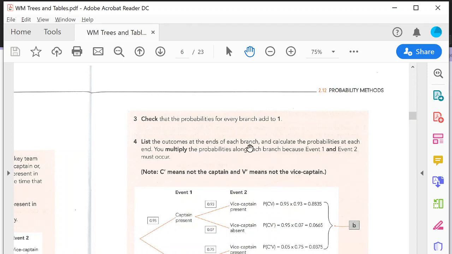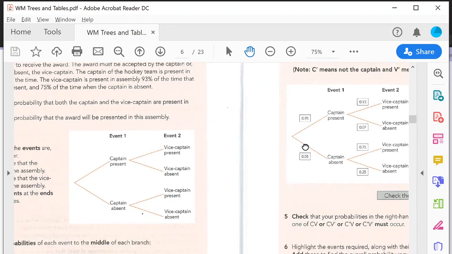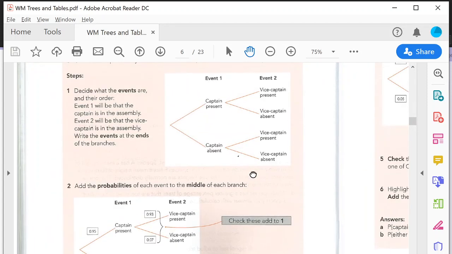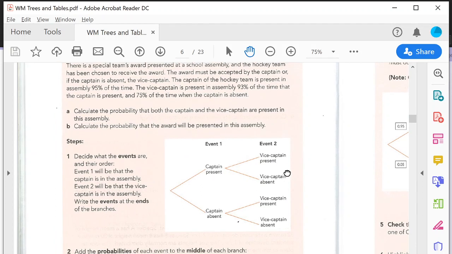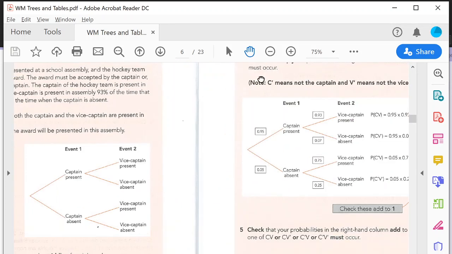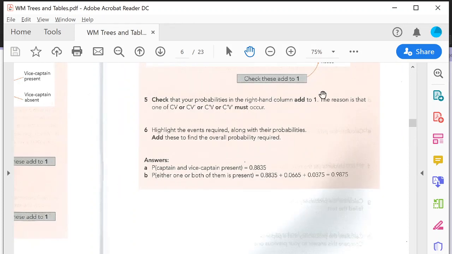So list the outcome at the end of each branch and calculate the probability at each end. You multiply the probability along each branch because event 1 and event 2 must both occur. So this is an "and". Okay, and that's pretty much what it says in this example.